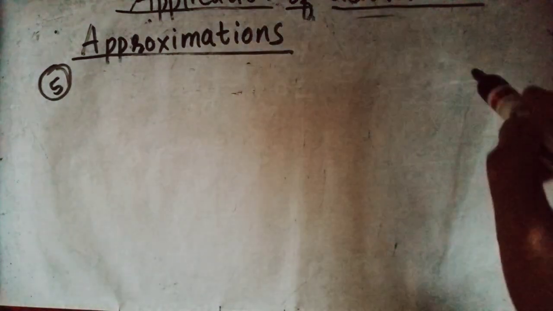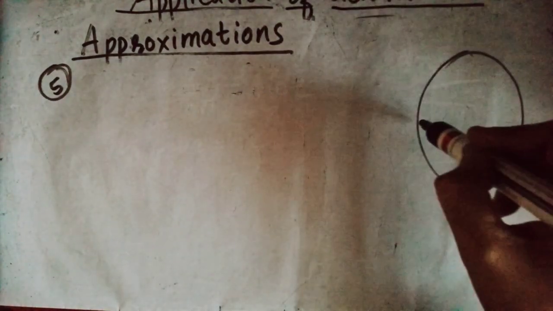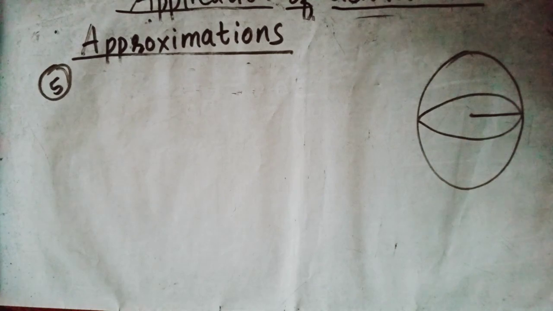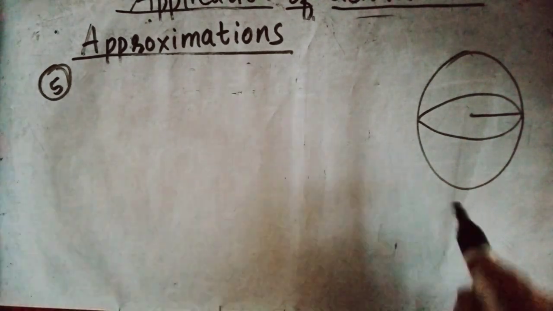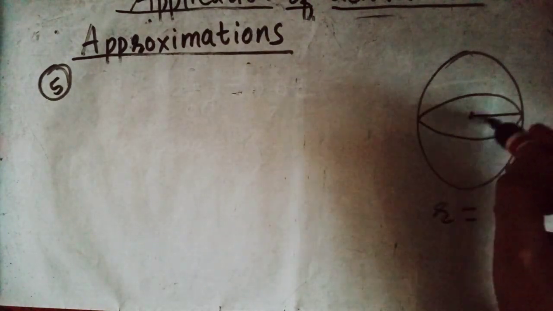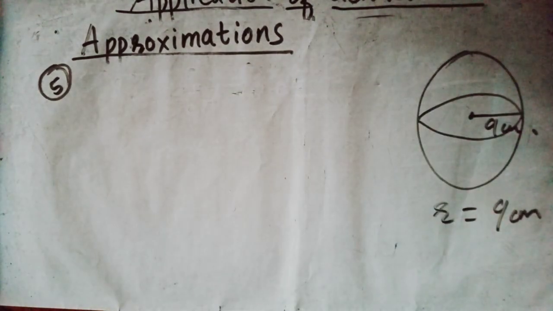Next question is, if the radius of the sphere is measured as 9 cm with an error of 0.03 cm, then find the approximate error in calculating its volume. Now they have taken a sphere, and its radius is given to be 9 cm, with an error of 0.03.